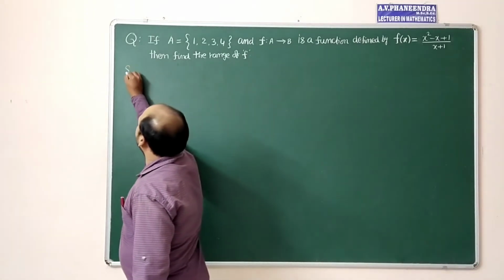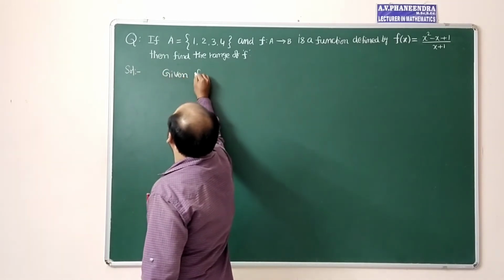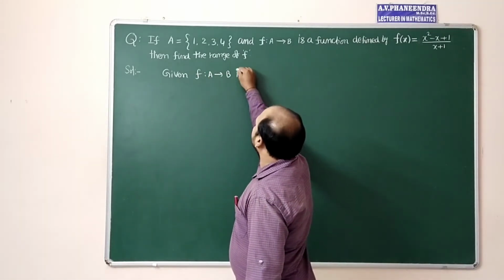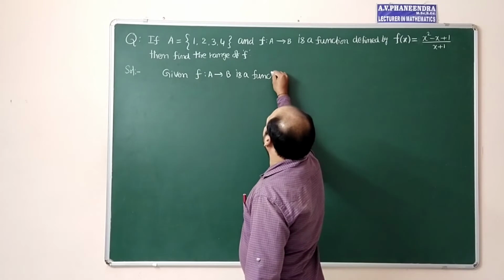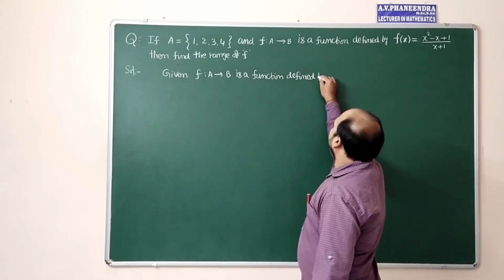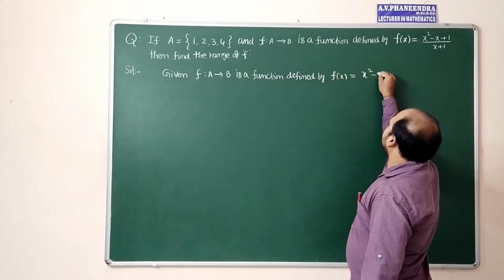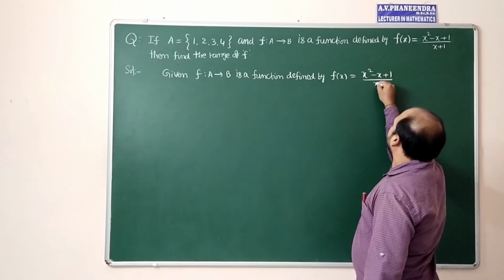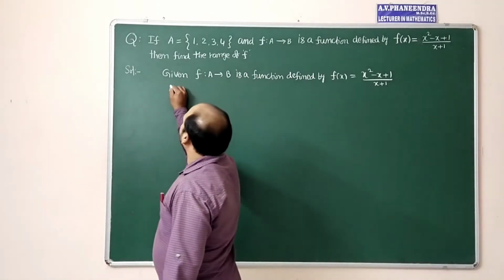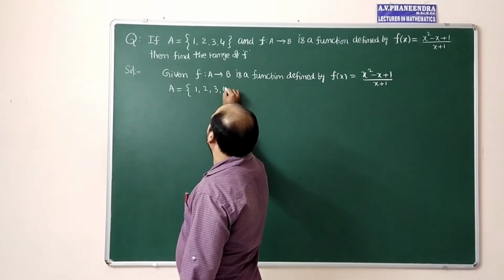So given f from A to B is a function defined by f of x equal to (x square minus x plus 1) divided by (x plus 1), and A equal to the domain, it is 1, 2, 3, 4.